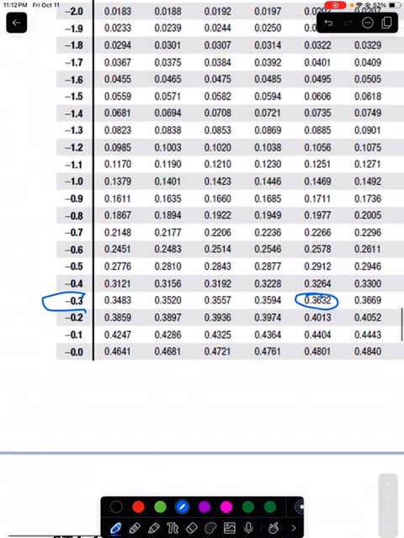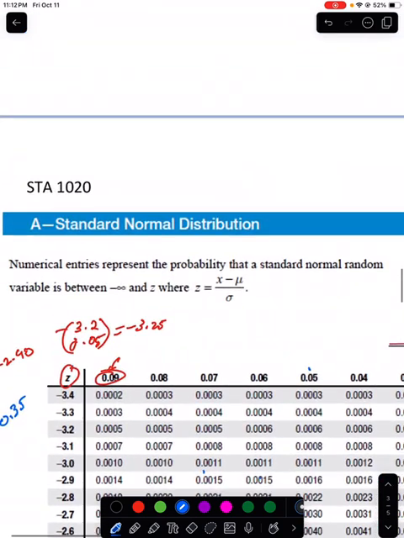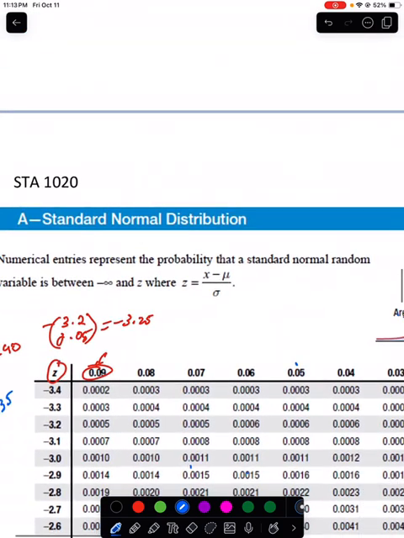Because remember, when you divide it into half, this middle line, which is represented by the z-score 0, what will be the area here? This will be 0.5, and the area here will also be 0.5.